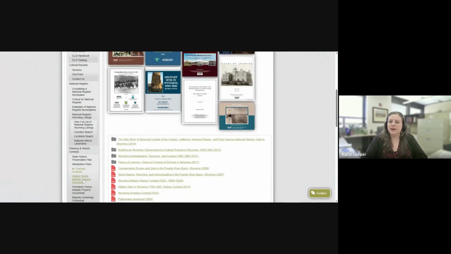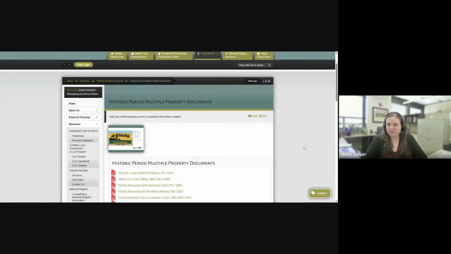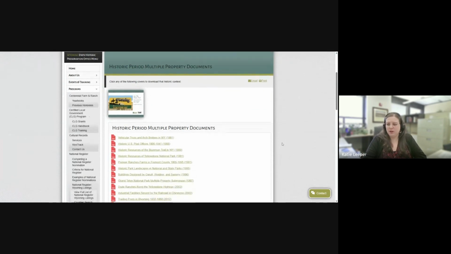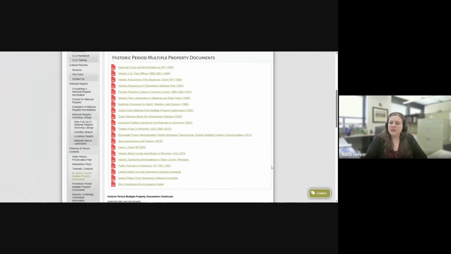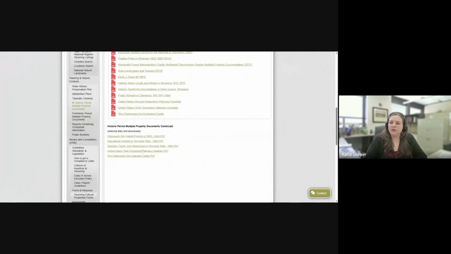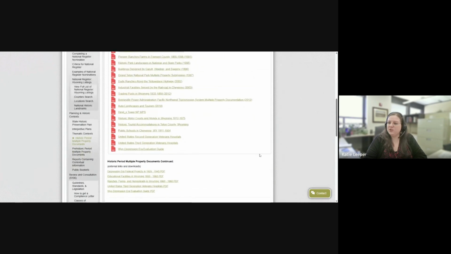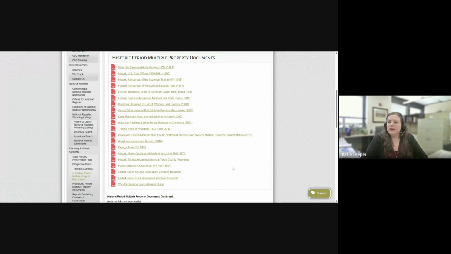After that, we have historic period multiple property documents. We have a number of these available for download as well, and some updated ones too. These are, again, on specific topics such as post offices, Yellowstone National Park, trading posts in Wyoming. One of the more recent ones is auto landscapes and tourism.